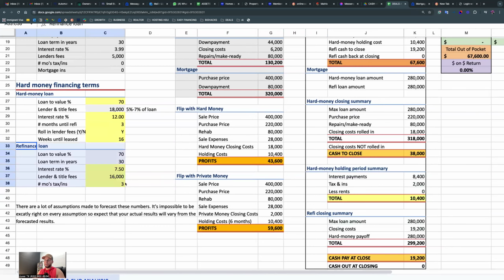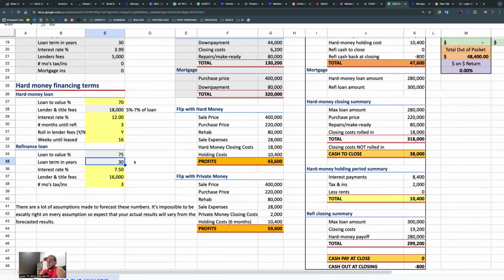This is the bank. This is the 30-year mortgage. So loan to value, most of the lenders is 75%, not 70. Some of the lenders, the DSCR lenders, will give you 80%. So you can change that. Loan term in years, 30, that's fixed, unless you have a lender that finances you for 20 years or 40 years. Nowadays, you can find lenders that can finance you for 40 years.